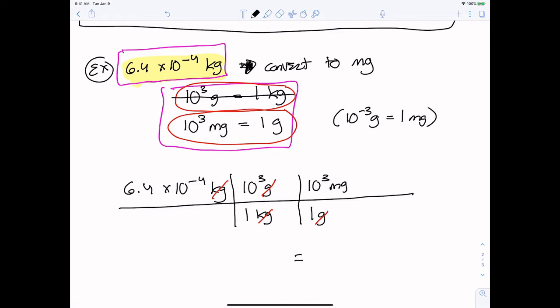And then if there was something on the bottom besides 1, I would divide it by that. Since it's 1, you can just skip that step, right? Anything divided by 1 is itself, so that's just a waste of your time to actually hit the divide button and a 1. So when we do the math, hopefully you guys pause and do it on your own. I get 640 milligrams as my answer.